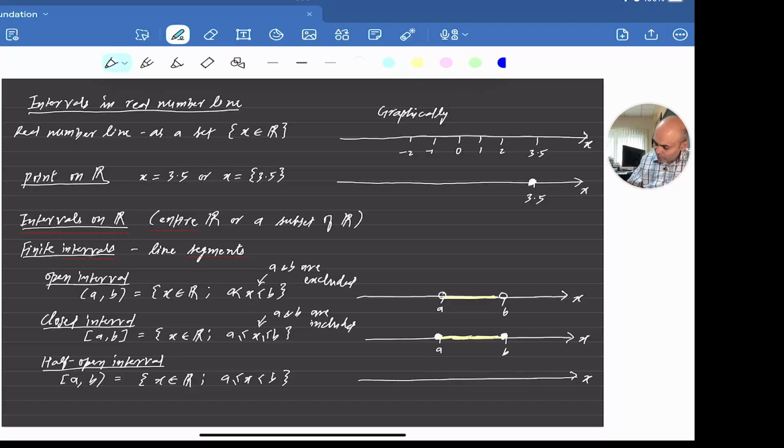So graphically we include A and we exclude B and include all points between A and B in the set.